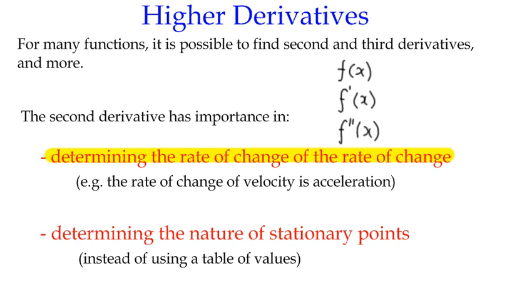If we differentiate that, the rate of change of displacement is velocity. So if our function here was about displacement, then our derivative would be a function of velocity, the rate of change that object is moving a distance.